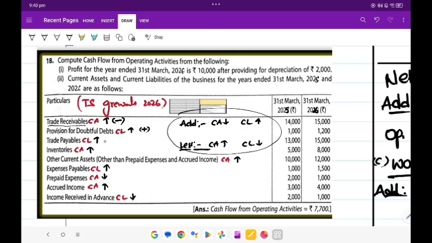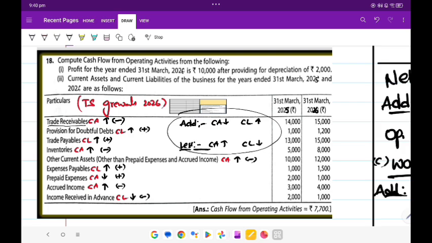Trade payables increase, plus. Inventories increase, minus. Other current assets increase, minus. Expenses payable increase, plus. Prepaid expenses decrease, plus. Accrued income increase, minus. Income received in advance, current liability decreased, means minus.